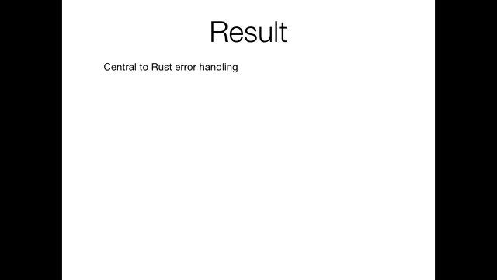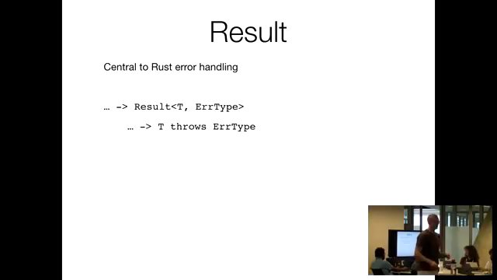And so you often see a function signature which looks like this, like it returns a result of T and an error type, and the way to read that is that it returns a T in the success case, or it can throw this kind of error. This is not valid Rust syntax, but maybe we'll evolve to something similar to this soon.